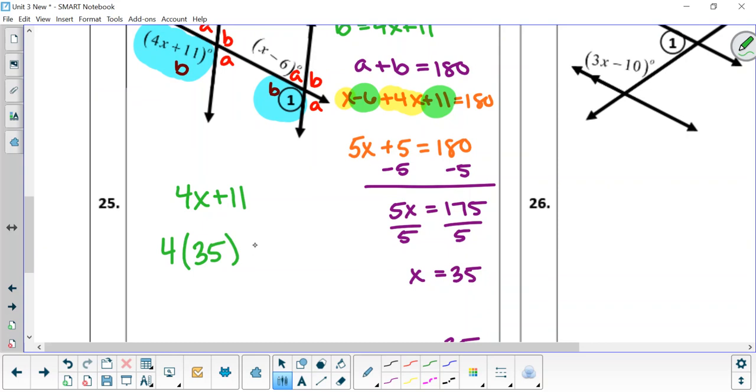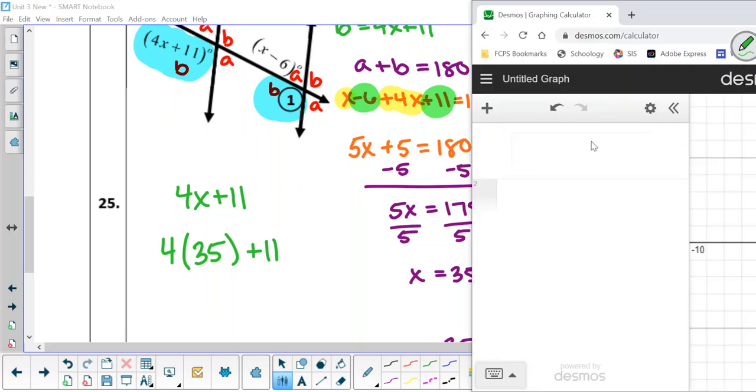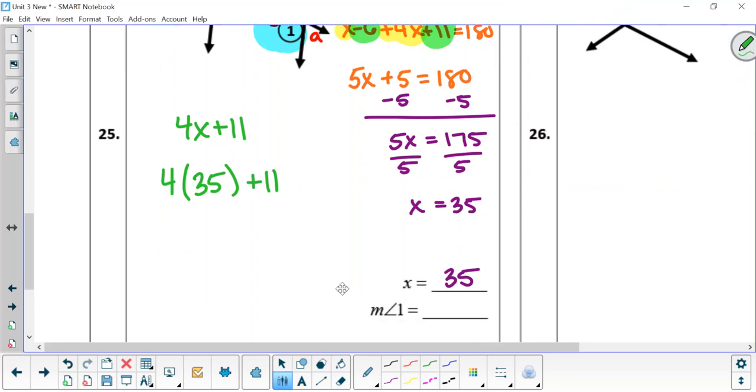So 4 times 35 plus 11. From here, you get to go to Desmos. Let's type it in. 4 times 35 plus 11 gives me 151. So the measure of angle 1 is 151.